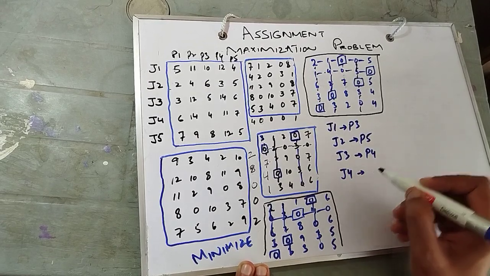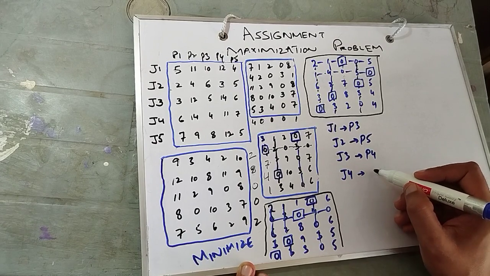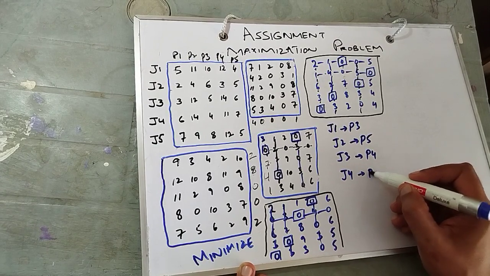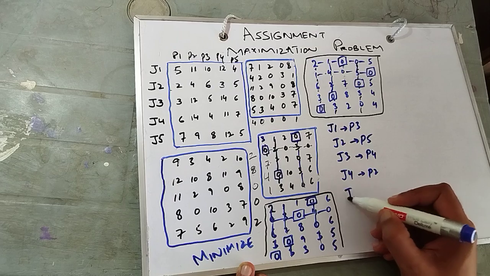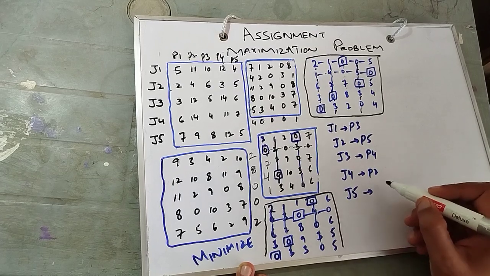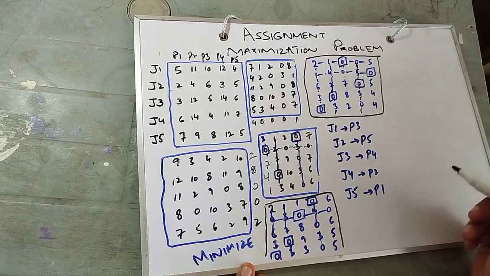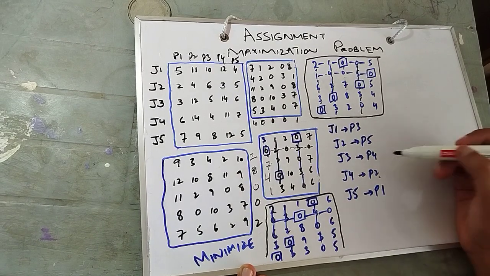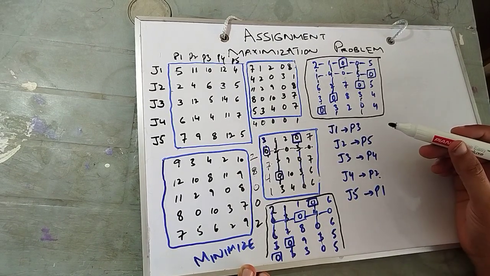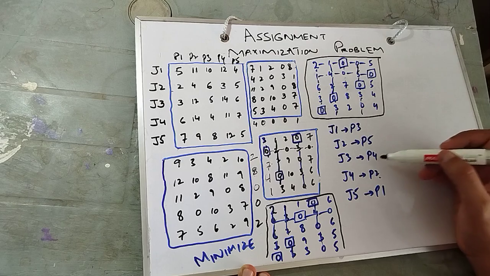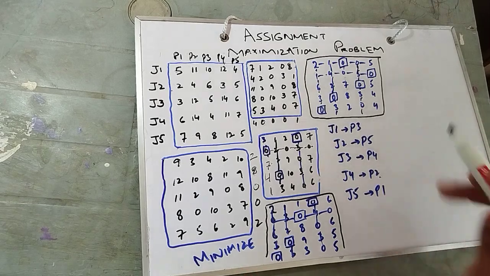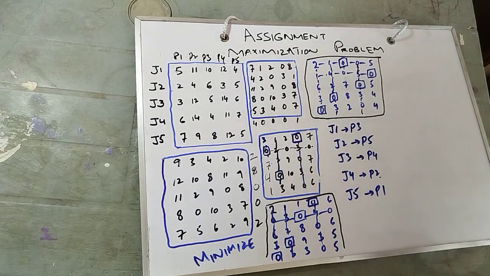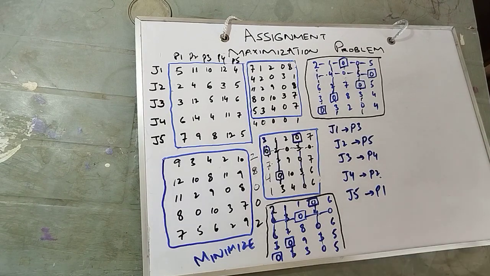J4 job is assigned to P2. J5 job is assigned to P1. So you see P1, P2, P4, P5, P3 all are assigned. 1, 2, 3, 4, 5. So 5 jobs are assigned to the 5 persons.